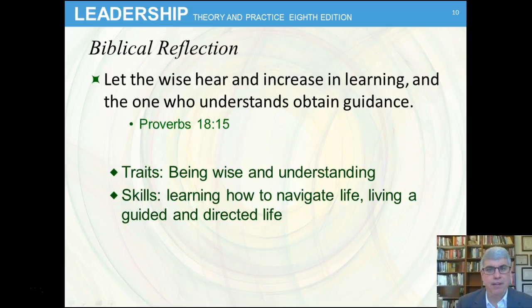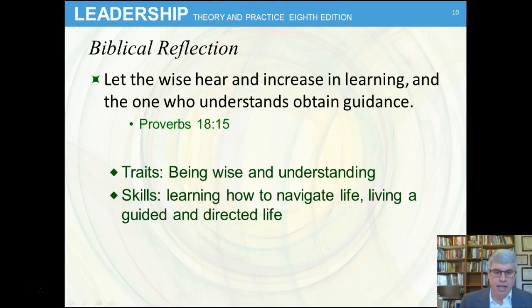Now, at Azusa Pacific, we're a Christian university, and so we like to reflect on what kind of biblical concepts this is related to. And I'd like to share with you a verse, Proverbs 18:15, that has a good link between the trait approach and the skills approach to leadership. It says, "Let the wise hear and increase in learning, and let the one who understands obtain guidance."